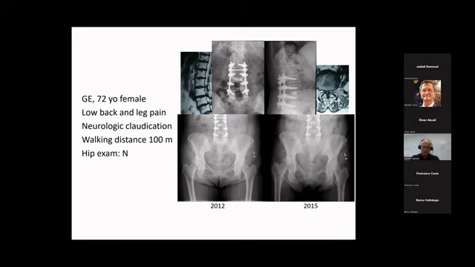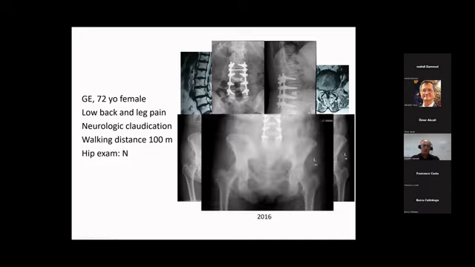You can see narrowing of the right hip joint. The left one is almost normal, but the right one is narrowed. Her walking distance had become shorter clinically, but she refused hip surgery at that time, because her walking ability was satisfying for her.